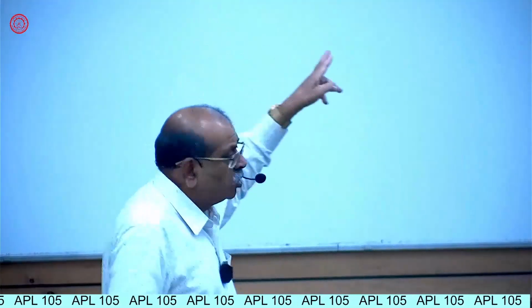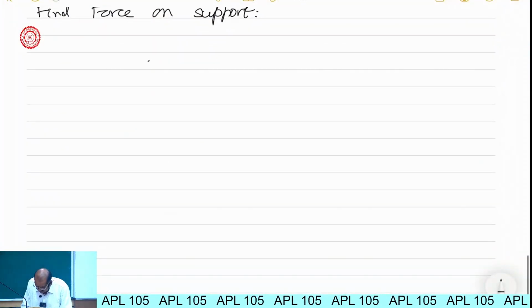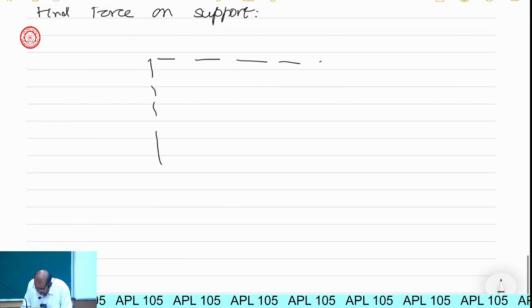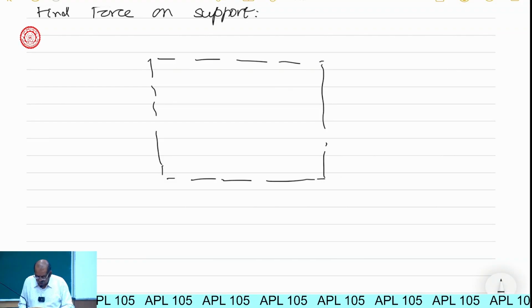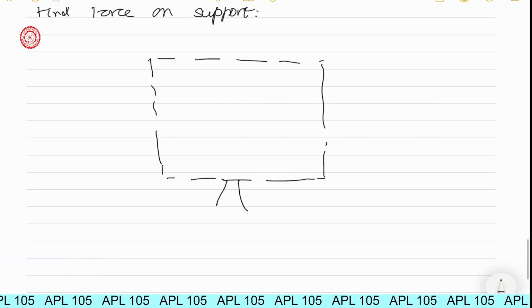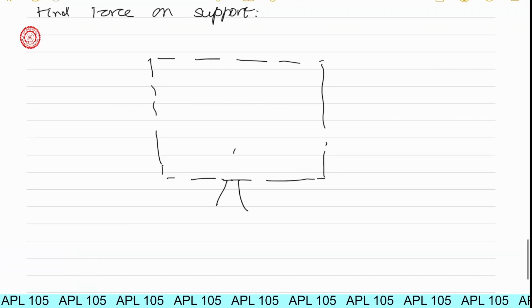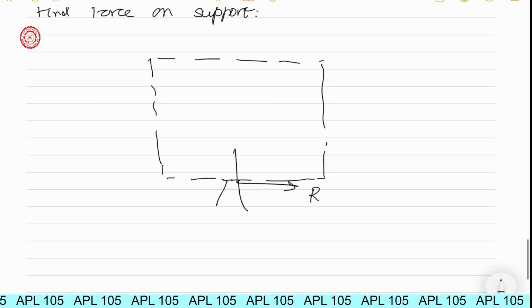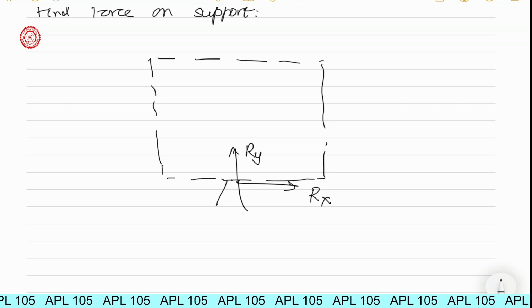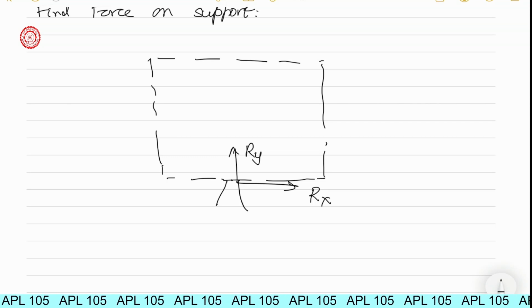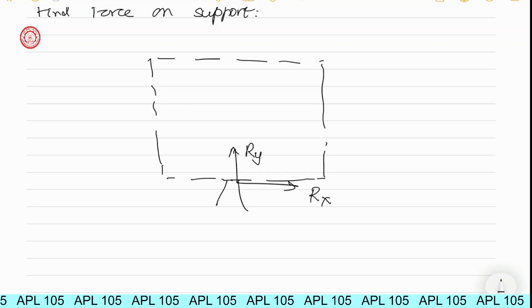So now on this control volume, let's have a look. This is our control volume and this is the cut. So obviously what is going to happen is the cut is going to apply a force, let's say Rx and Ry, on the control volume.